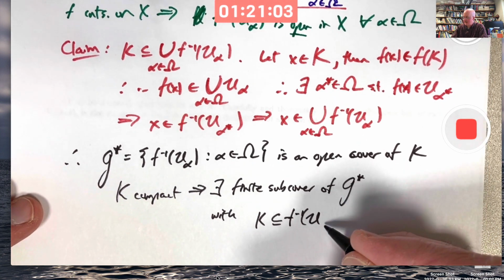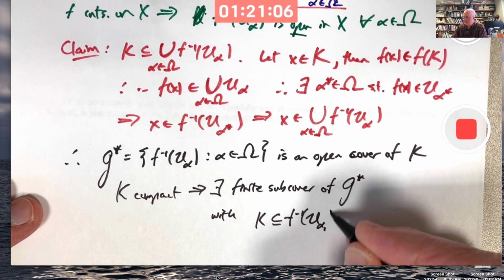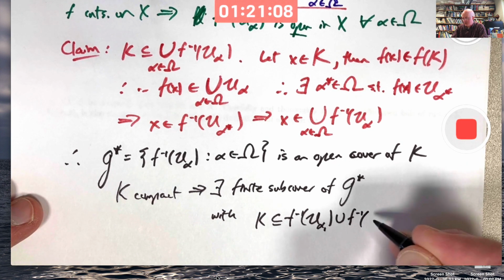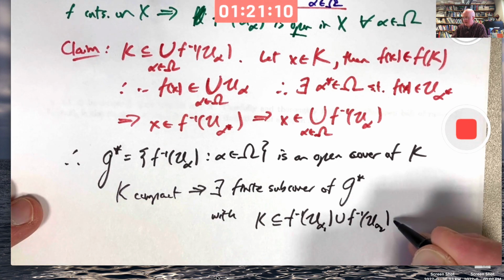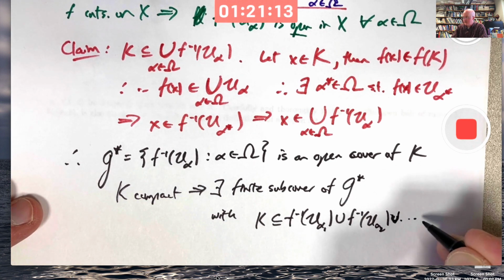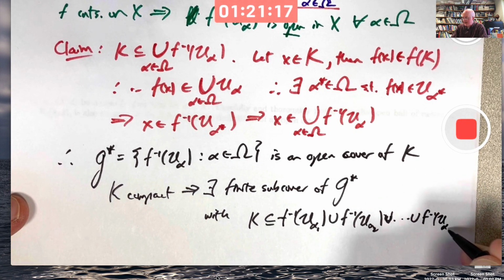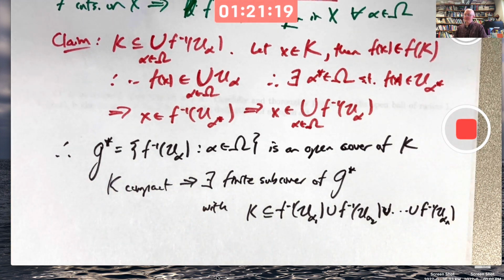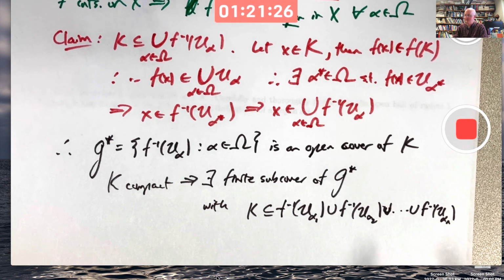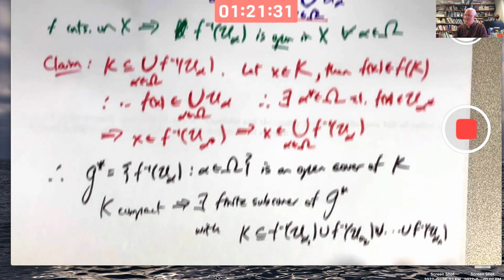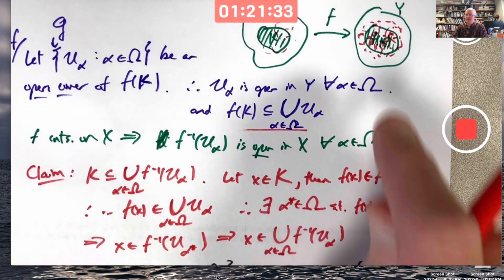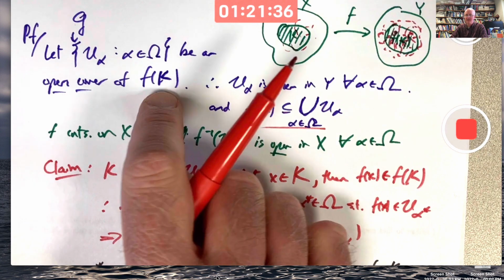K is a subset of the preimage of U sub alpha 1, union with the preimage of U sub alpha 2, etc., through the preimage of U sub alpha n. What do you hope is going to happen? What's another claim that will finish the problem? You hope the U alphas without the preimage symbol forms a finite subcover of f of K, the direct image that we're trying to show is compact.